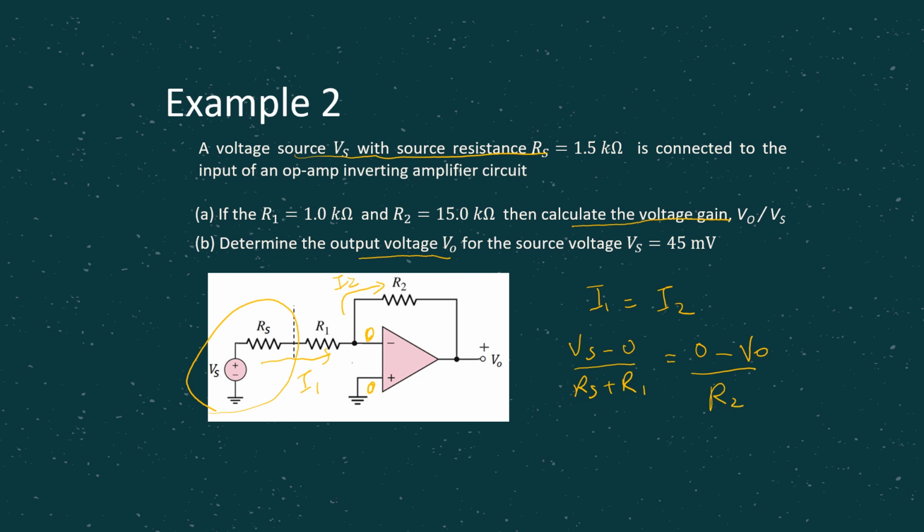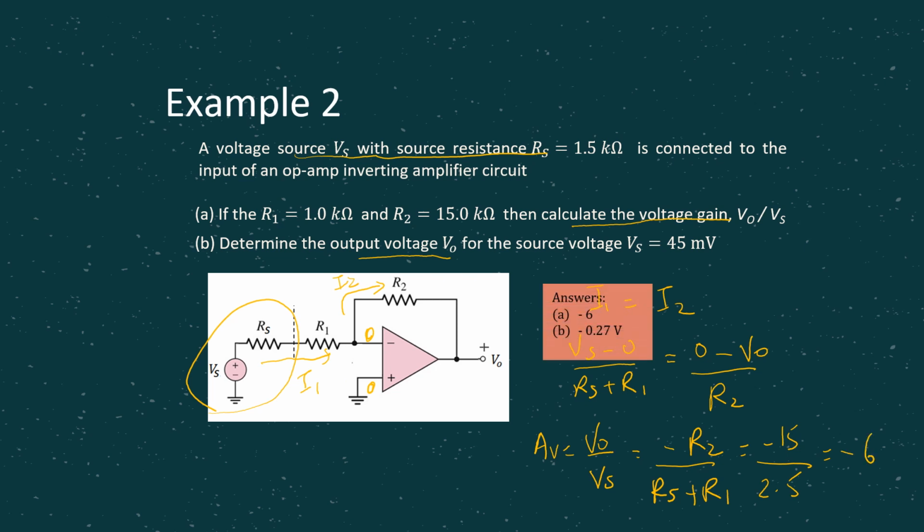If you solve for this, you are going to get AV, which is V0 over Vs, equals negative R2 over Rs plus R1. Where R2 is 15, and Rs plus R1 is 1.5 plus 1, which is 2.5, right? If you solve for this, you are going to get AV equals negative 6.